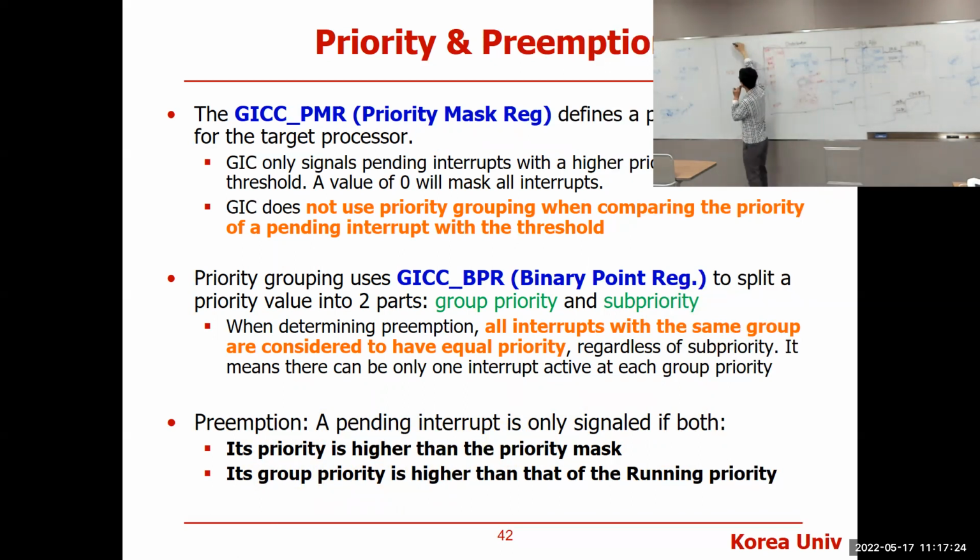Using the BPR binary point register, you split priority into two parts, group priority and sub priority. So we are talking about group priority. If the group priority is higher than that of the running priority, in this example, if the timer's group priority is higher than UART's group priority, then that interrupt will be reported. So GIC is providing preemption. Okay.